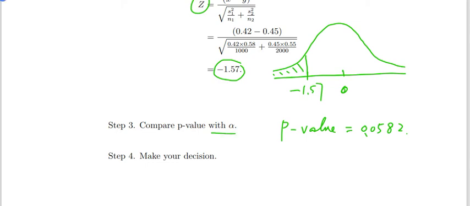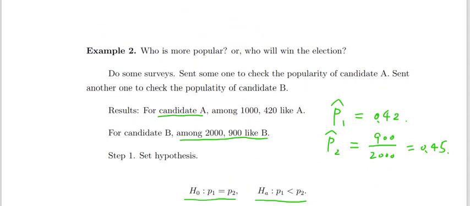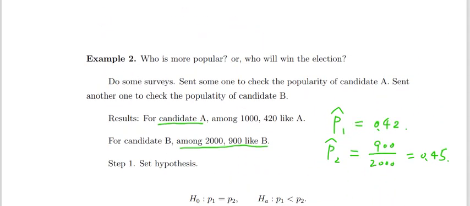So what is alpha? The problem gives no alpha. If there's no alpha, then we pick alpha by default as 0.05.